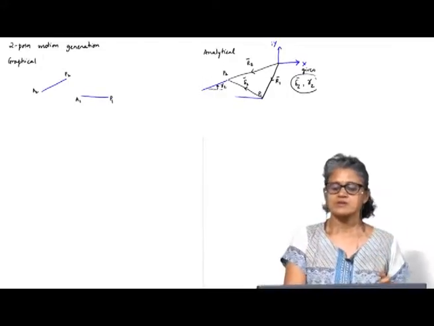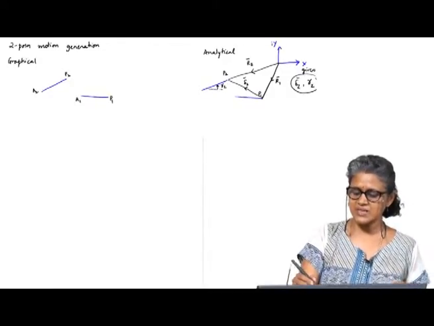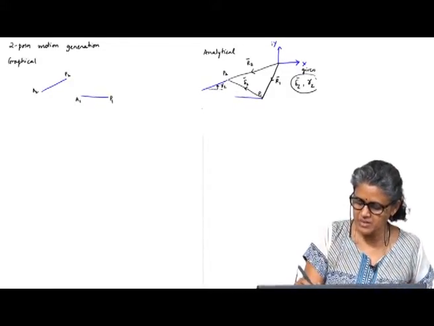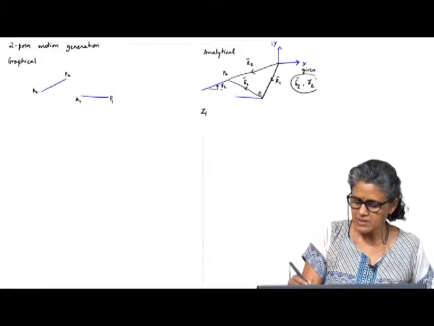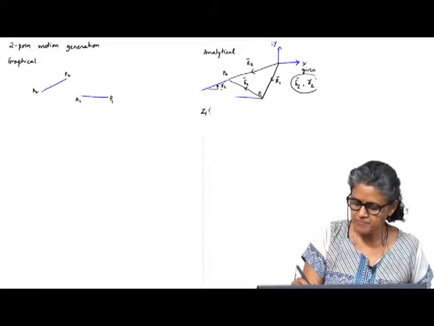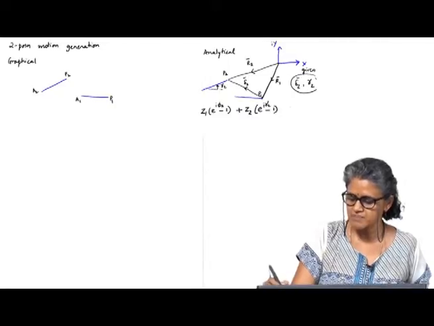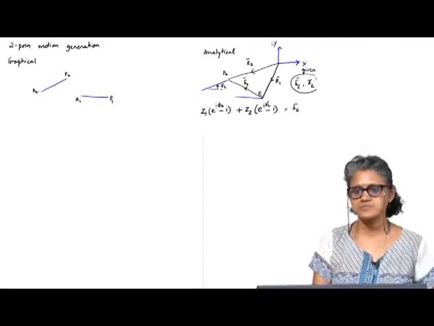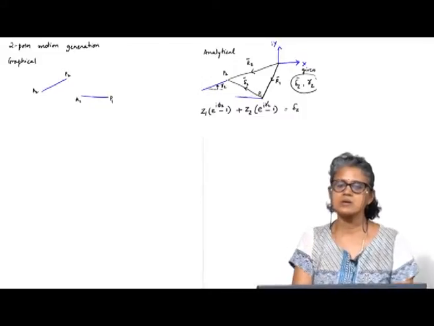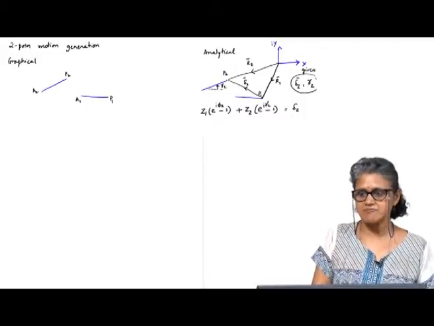So, the equation that I have here between the vectors I want to find is Z1 (e^{i(phi2 - 1)}) plus Z2 (e^{i(gamma2 - 1)}) equal to delta 2. For the 2 position problem, this is the only vector equation I have.